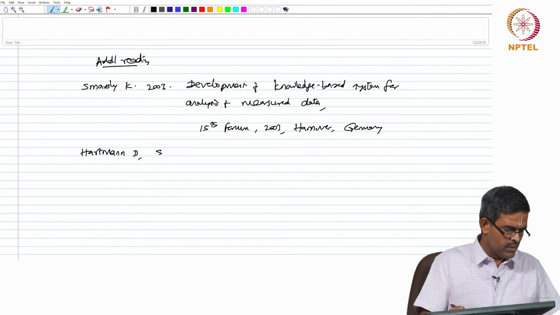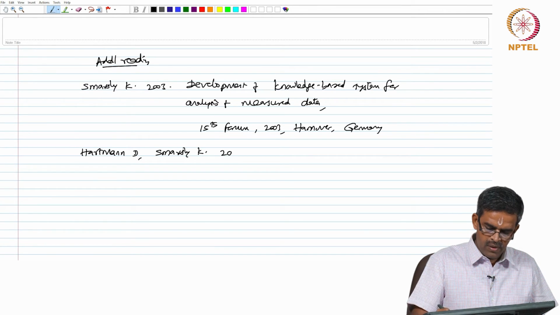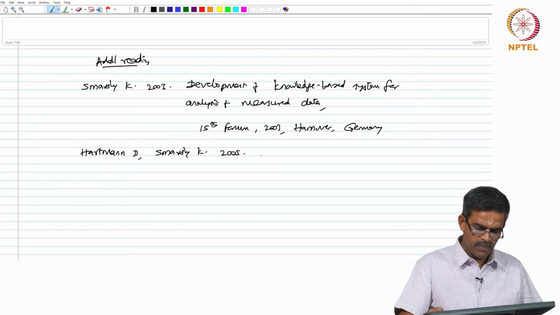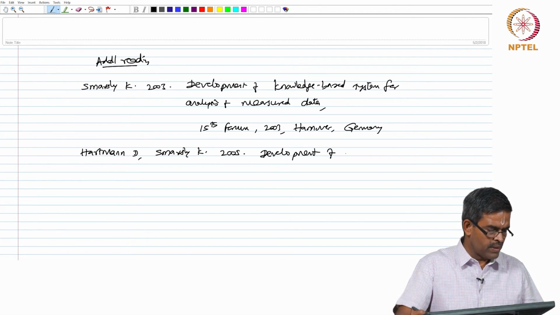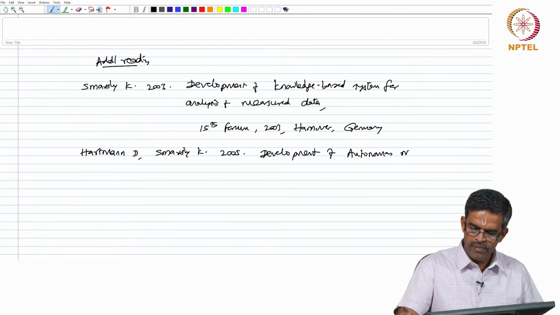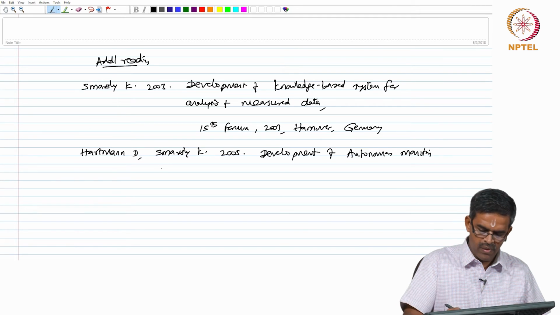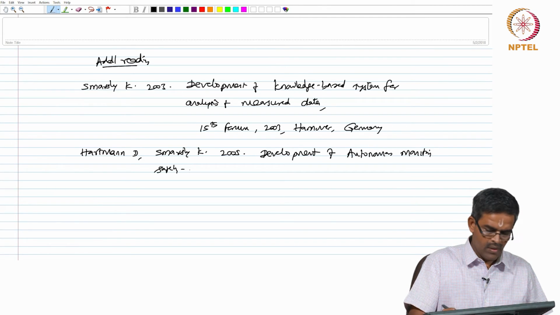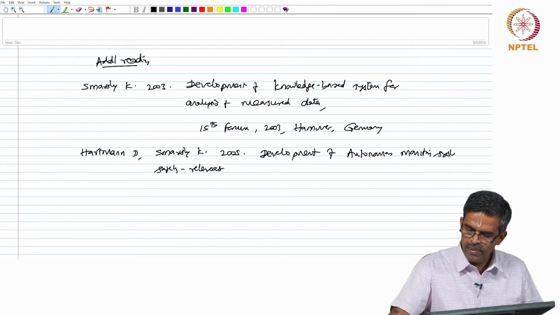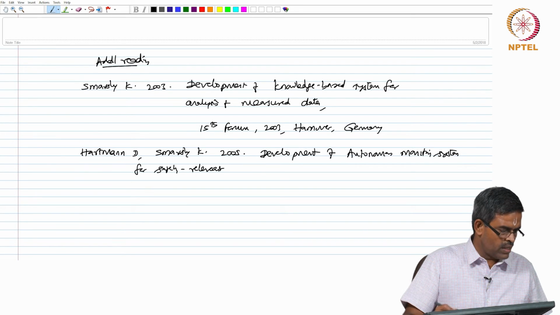Hartmann D and Smarsley K, 2005, Development of Autonomous Monitoring System for Safety Relevant Engineering Structures.